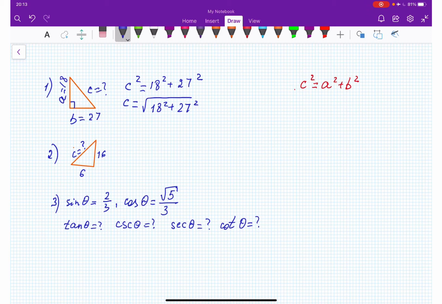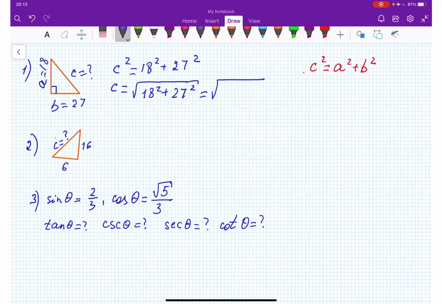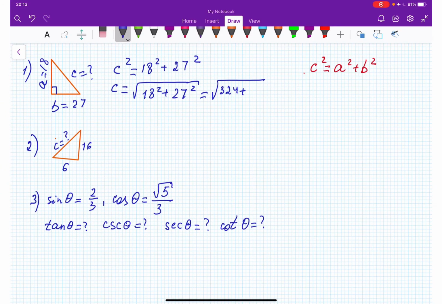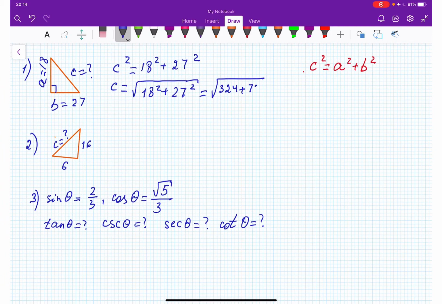Okay, this is going to be equal to 324 plus 729, and we are getting 1053. So we can break it down into 81, square root of 81 times square root of 13.